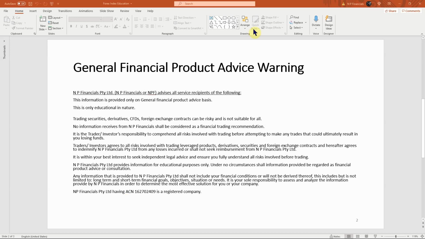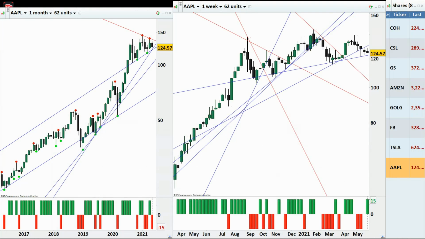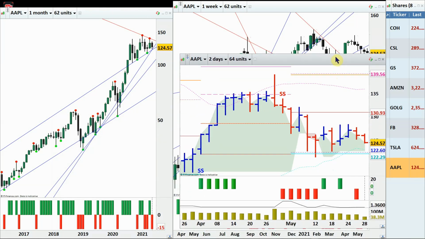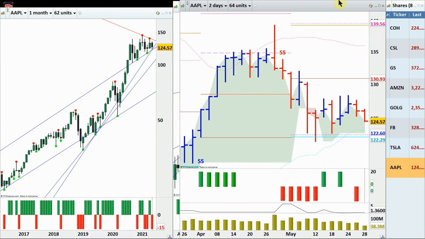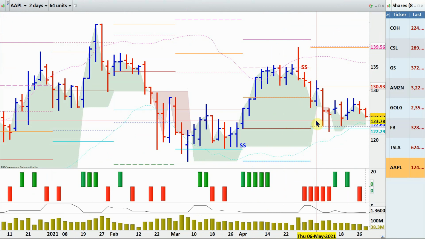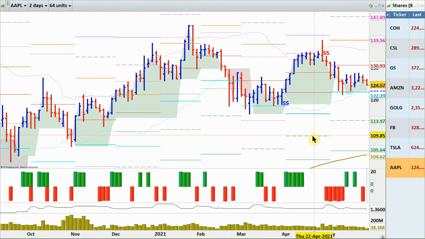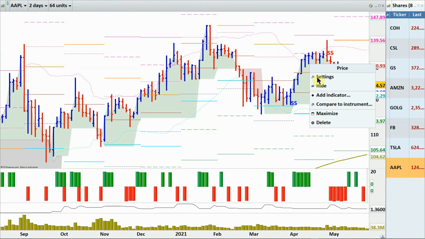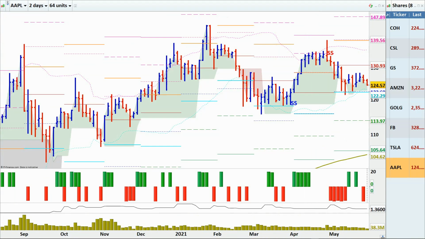All sellers out and all buyers out. Basically, all sellers out forms at the support, where the close is near the low. So that is all sellers out.